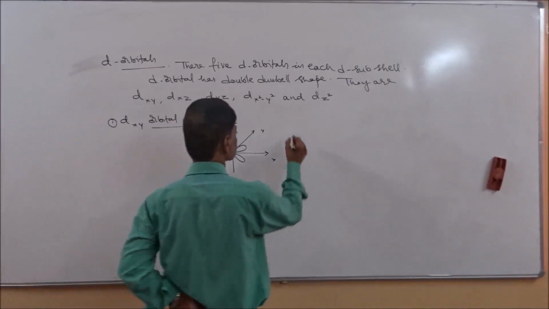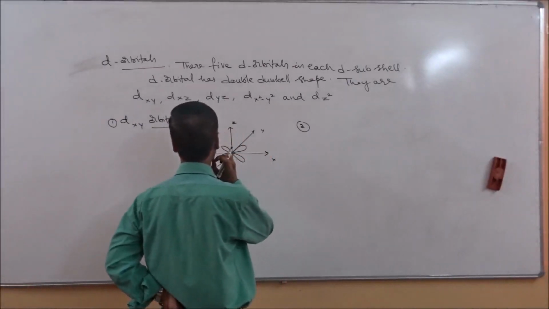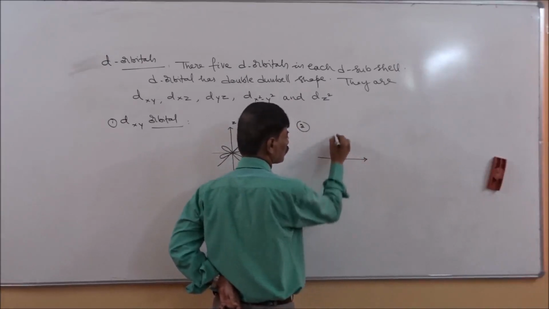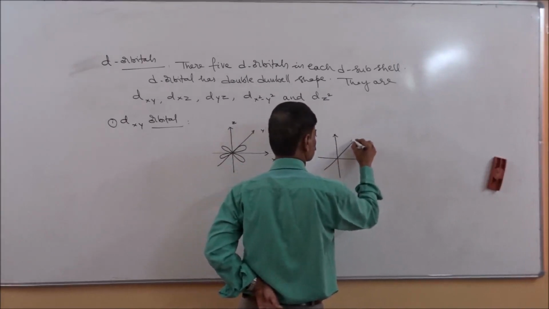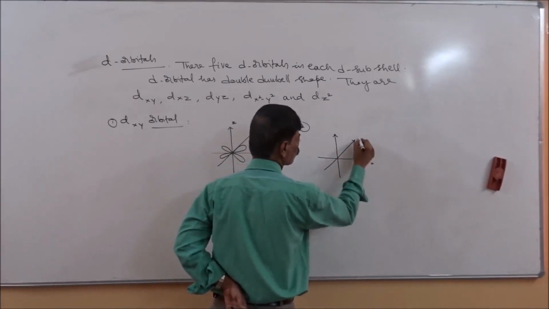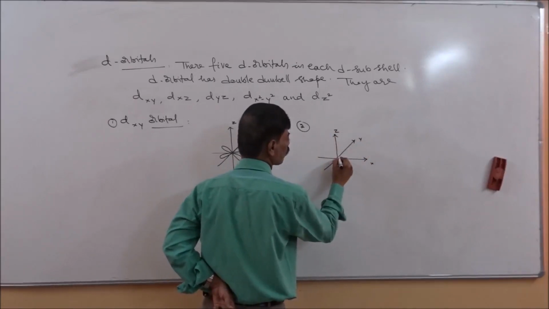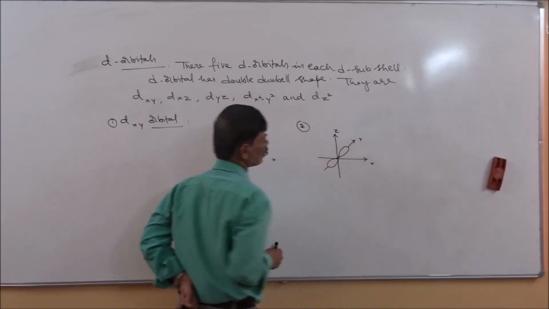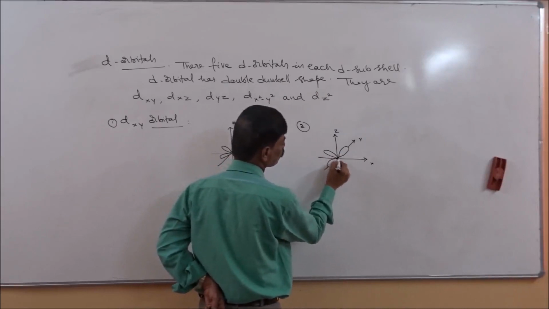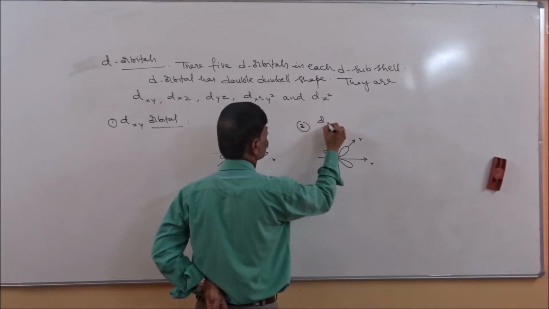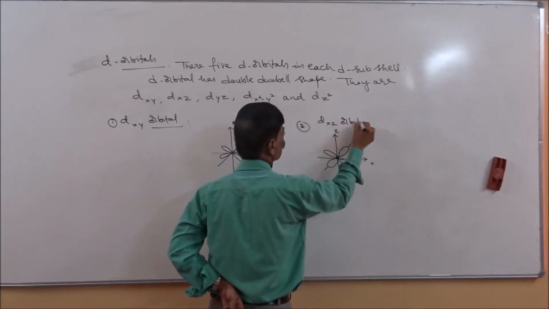Now we'll move to the second, that is dxz. Again three axes are shown like this. In dxz, one dumbbell is shown like this, right? The other dumbbell quite opposite to that. So this is the dxz orbital.